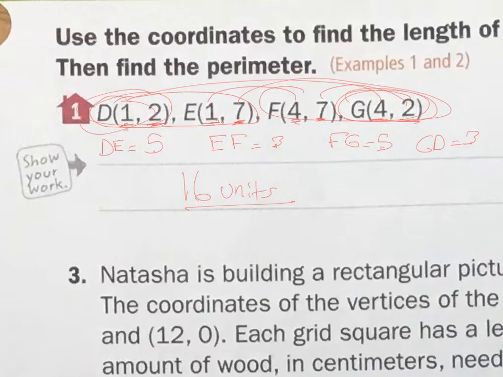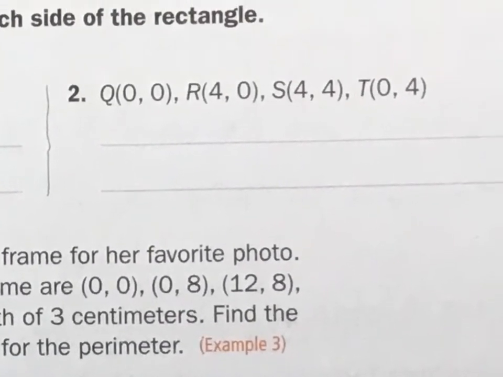Okay, let's do the next one, number 2. So I want to do Q, R, R, S, S, T, T, Q. So this one, okay, the zeros are the same, so the difference between 4 and 0 is 4.